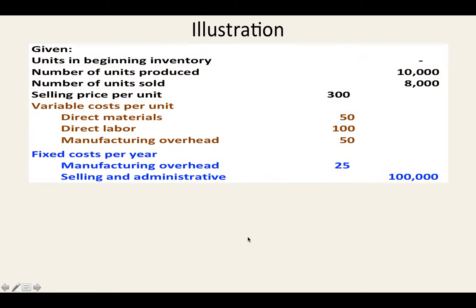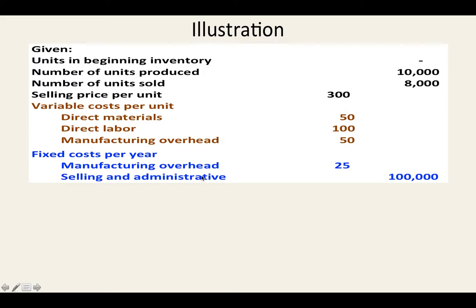Let's have an illustration. This is what is given. Units inventory beginning, 0. Number of units produced, 10,000. Number of units sold, 8,000. And these are the selling price per unit and the variable cost per unit. Okay? And the fixed cost per year. Okay?